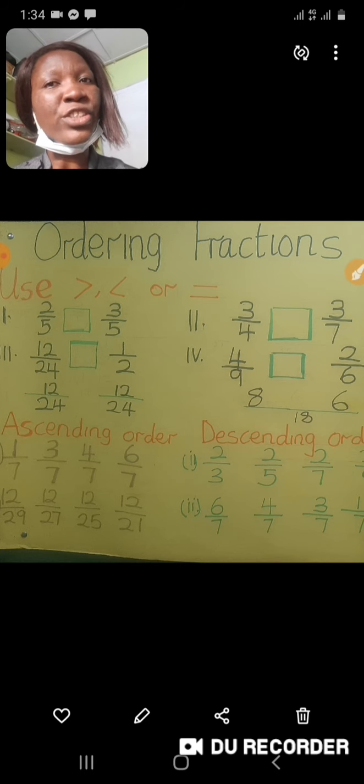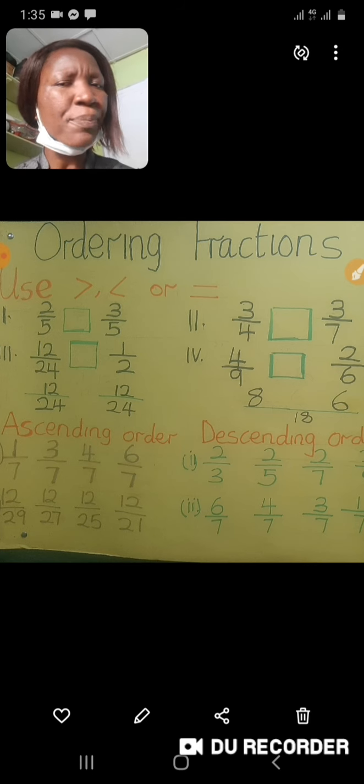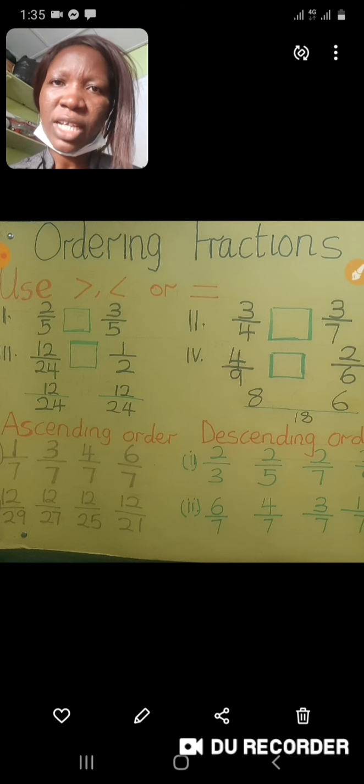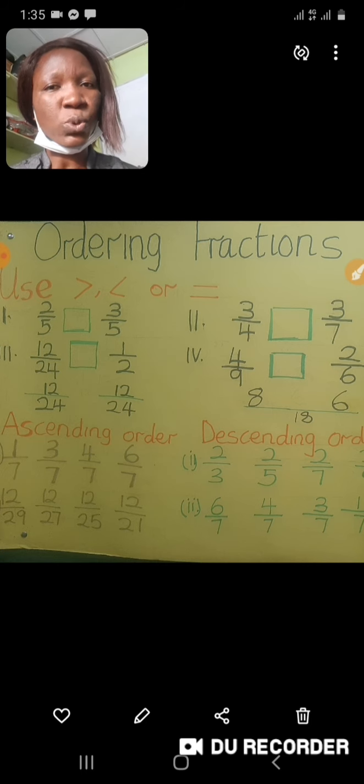Yes, we changed from mixed fraction, right, mixed number to improper fraction, and from improper fraction to mixed number. Do you remember all that? And we also had the revision on them last week.